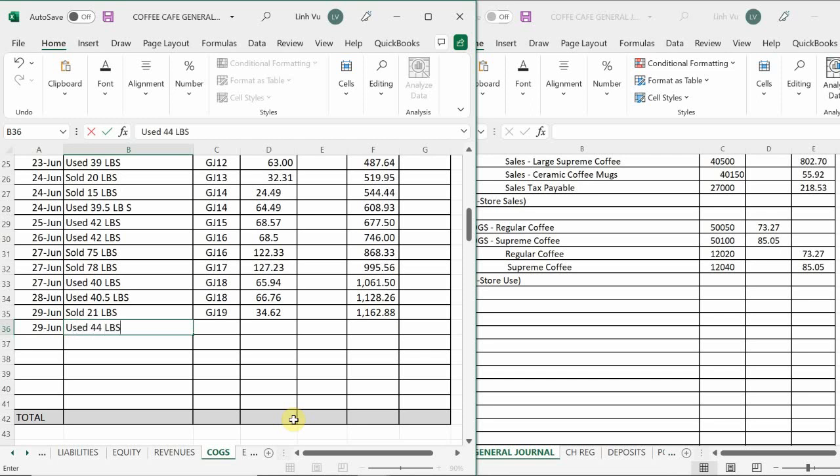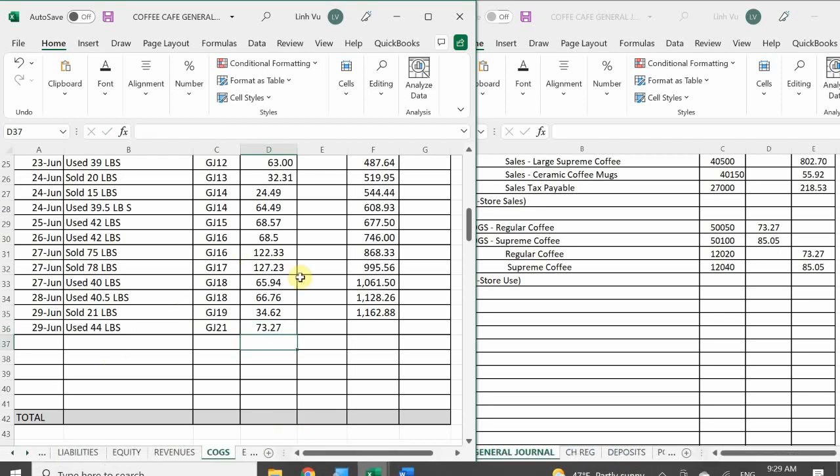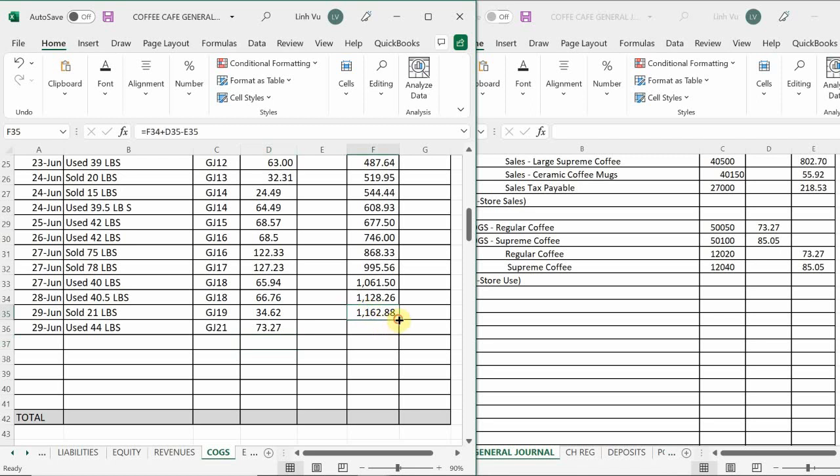We used 44 pounds for 73.27. So therefore, ending balance 1236.15.